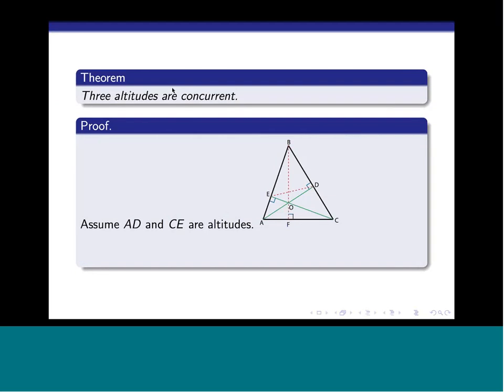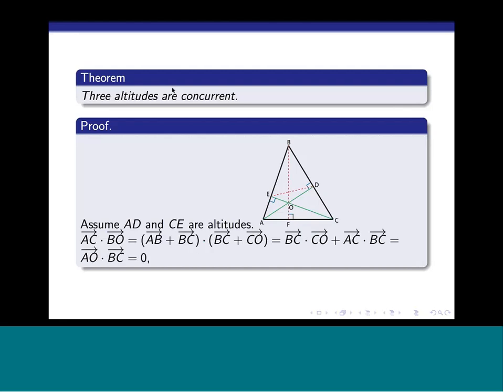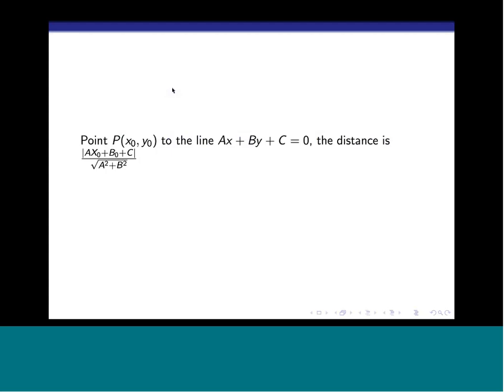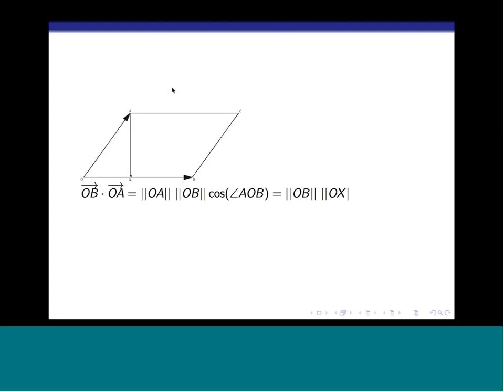Then we look at this pretty magic vector analysis. And I remember I did that with you. Right? So three until the concurrent, right? Then we talk about the distance formula, right?